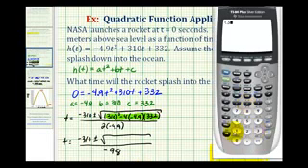So we have 310 squared minus 4 times negative 4.9 times 332. So the discriminant, or the number underneath the square root, is 102,607.2.